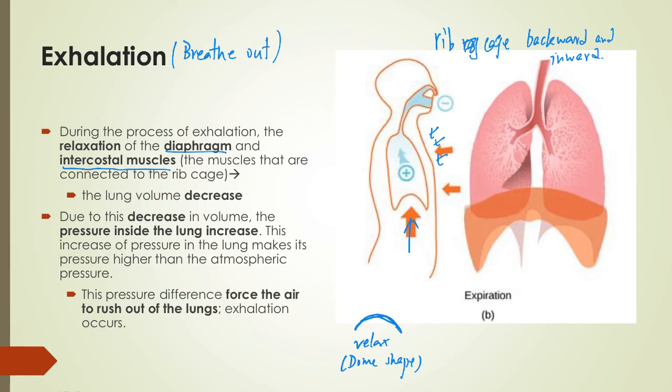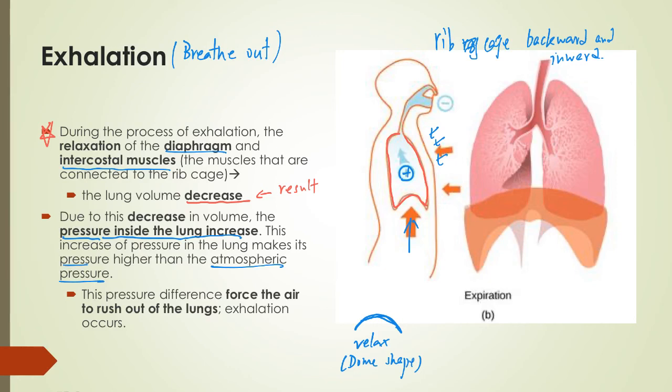This makes the lung volume decrease. This is very important. This is the cause, and this is the result. And this result brings an increase in the pressure inside the lung. This is higher than the atmospheric pressure.